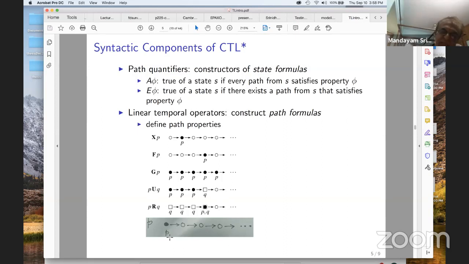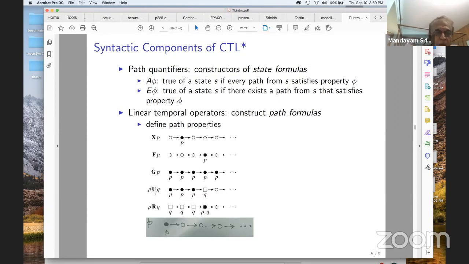That is a special case where a state formula, which is just a predicate on a state, will also be viewed as a path formula. And the way you interpret that is that an atomic predicate P is true of a path if it is true in the first state of the path. So that's how you kickstart the construction of the path formulas.